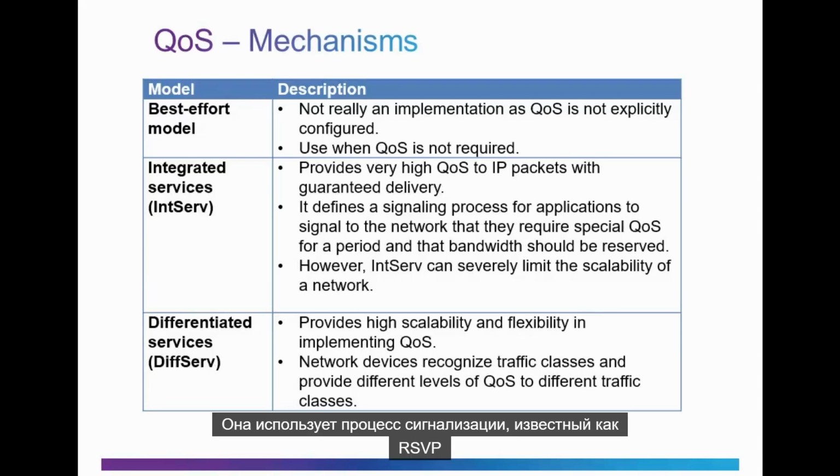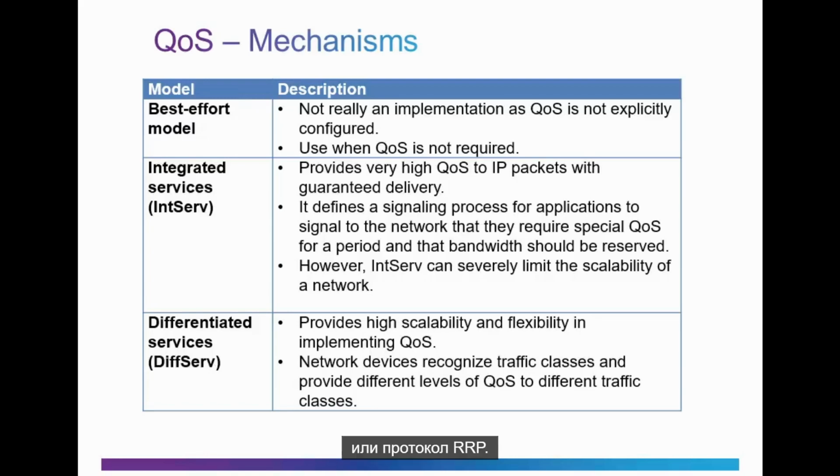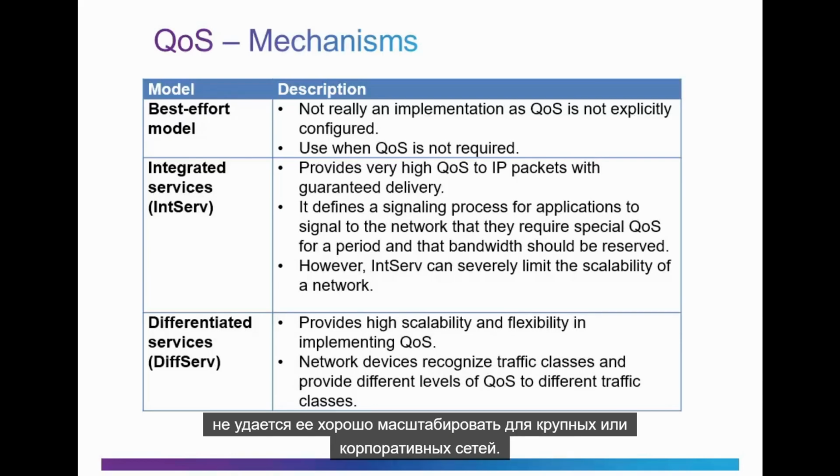It uses a signaling process known as RSVP, or Resource Reservation Protocol. The IntServ model can severely limit the scalability of a network, and it is demanding on resources and therefore doesn't scale well for large or enterprise networks.